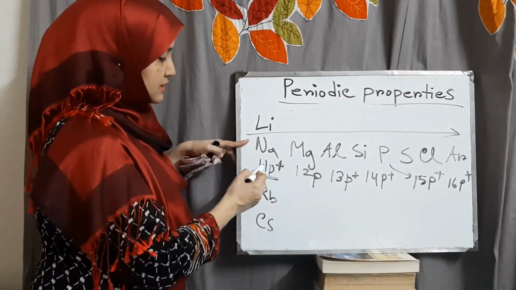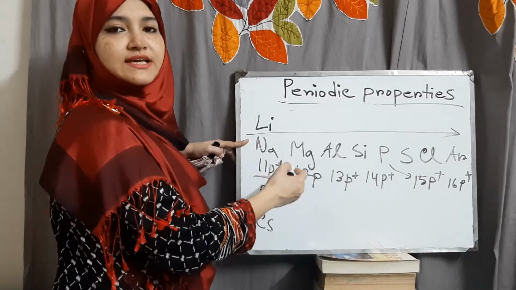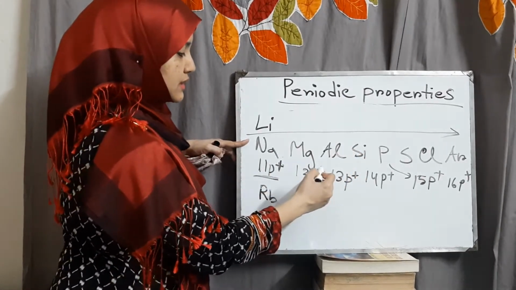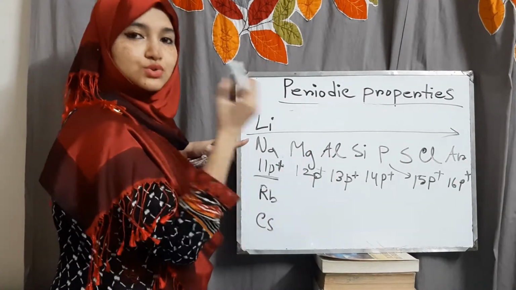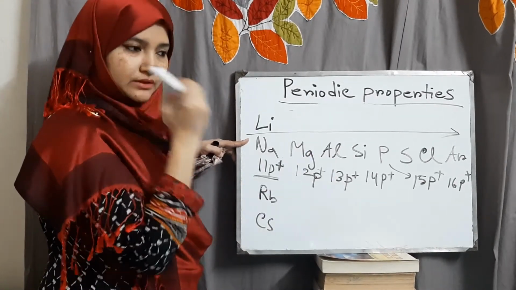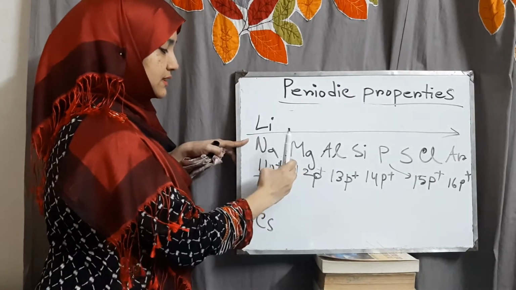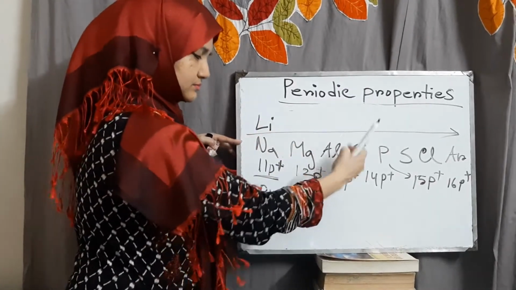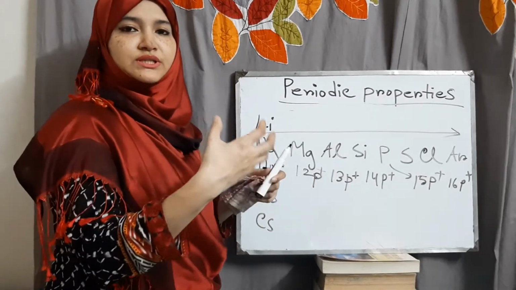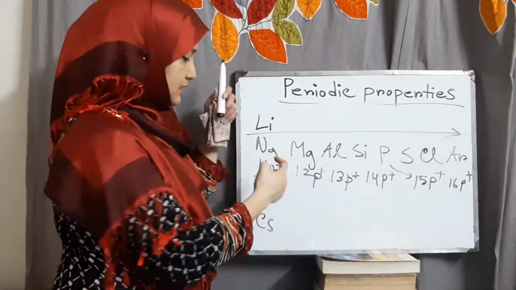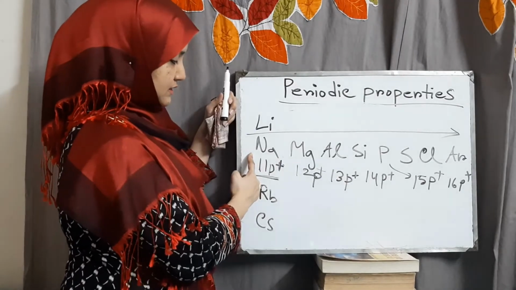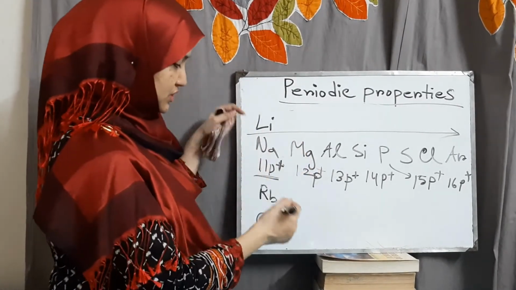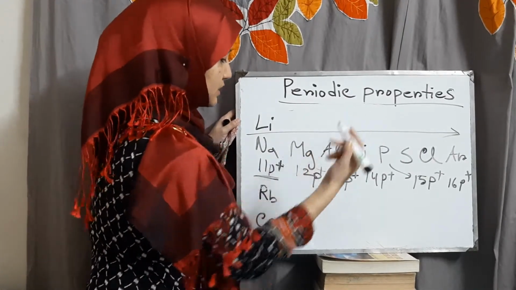Sodium has 11 protons, that means it has 11 electrons, and magnesium has 12 electrons, so magnesium has one more electron in its outermost shell. Sodium has 1 electron in its outermost shell, magnesium has 2, and aluminium has 3.